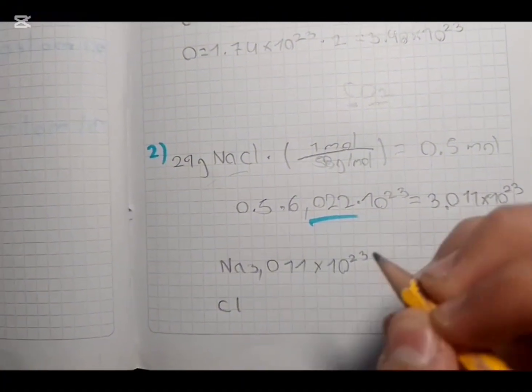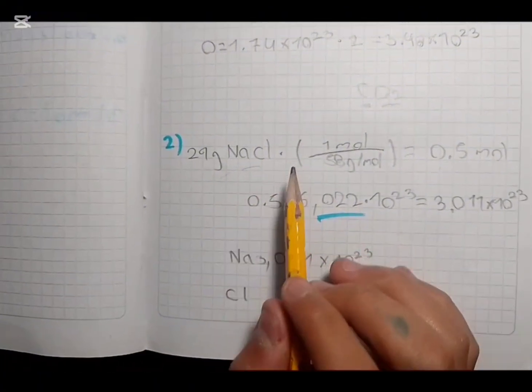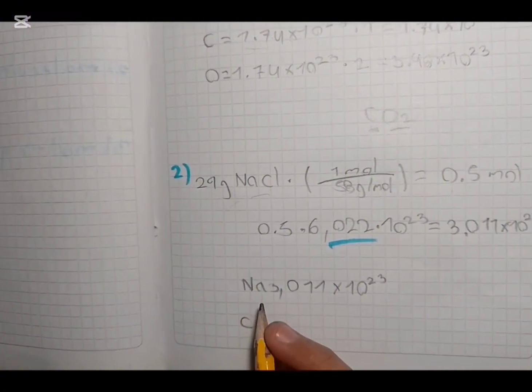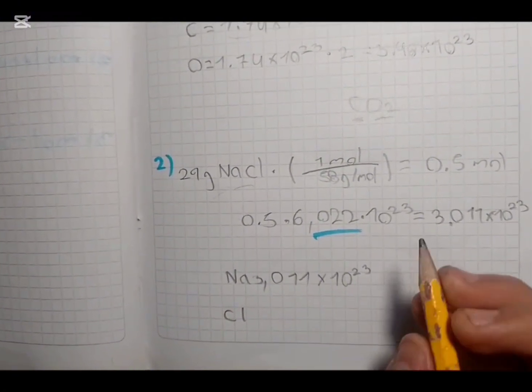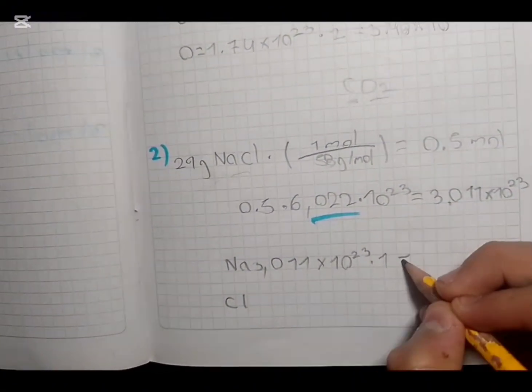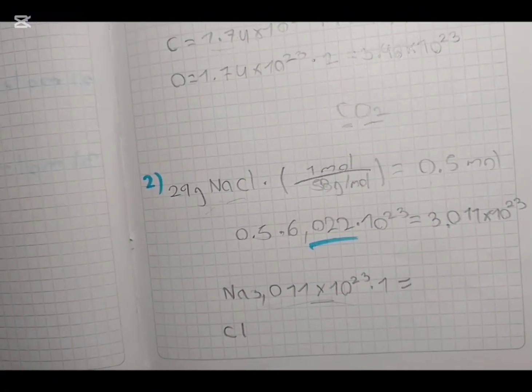Because in the formula of sodium chloride I have only one Na, I multiply by 1. That is the same as the molecules.